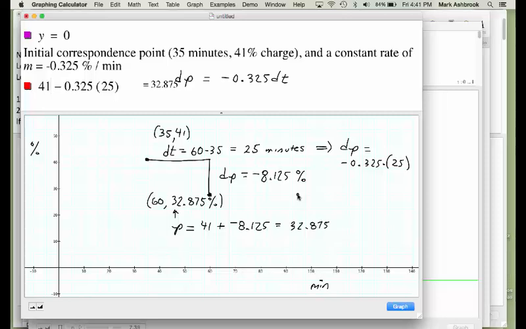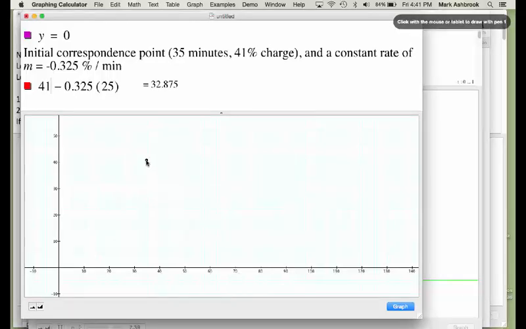Okay, so let's do one more thing. Start over with that point right there. What did we have? We had 60 and 30, just so I can get an idea of where this is going to be.